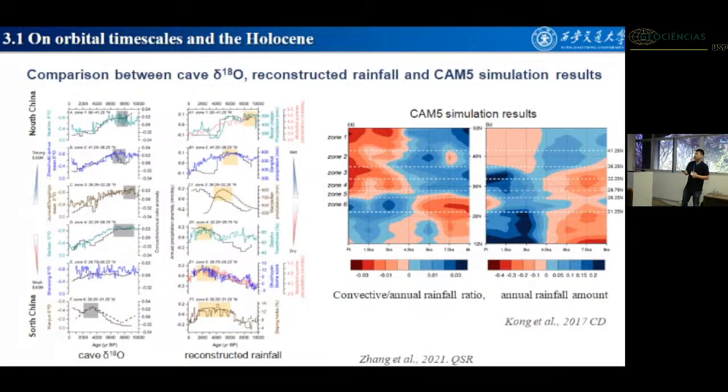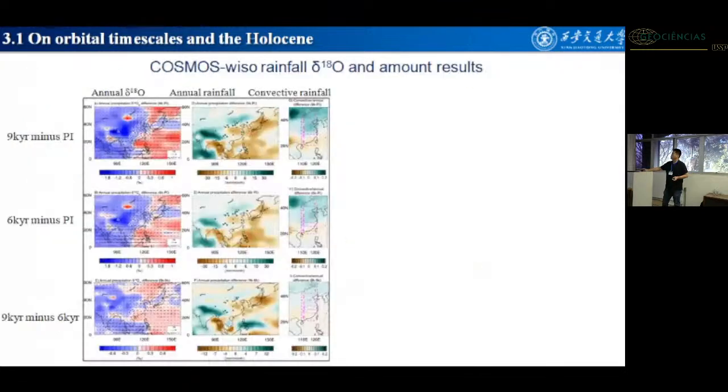So these two profiles show that the speleothem δ18O shows a large-scale consistent variation, but the rainfall is really different for different locations. From this view, we also use the isotope-enabled modeling results.